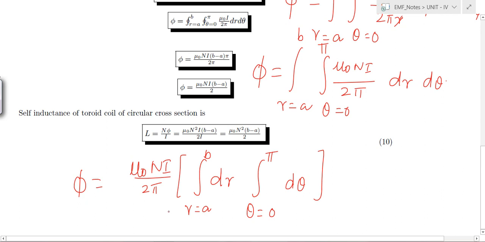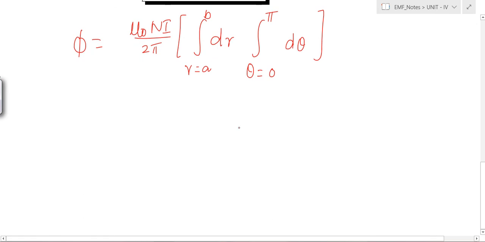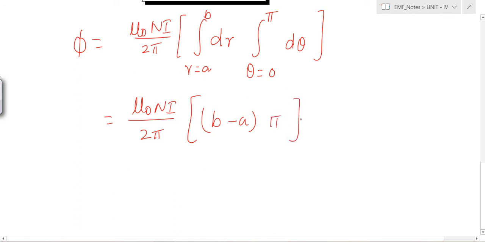Simplifying these integrals separately because they are independent, we can write mu naught N I by 2 pi times (b minus a) times pi. The pi will get cancelled, so psi is equal to mu naught N I (b minus a) by 2.